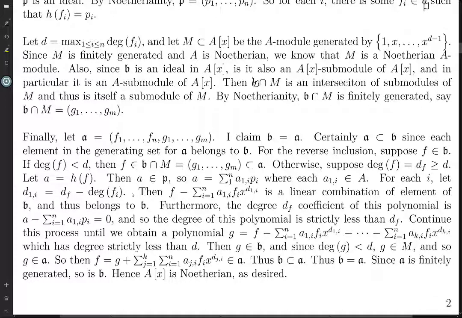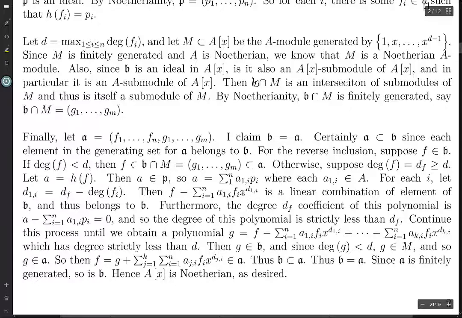Then we can write this linear combination of elements in B: f minus the sum of these coefficients, where we replace the Pi's with Fi times x to the d1i.